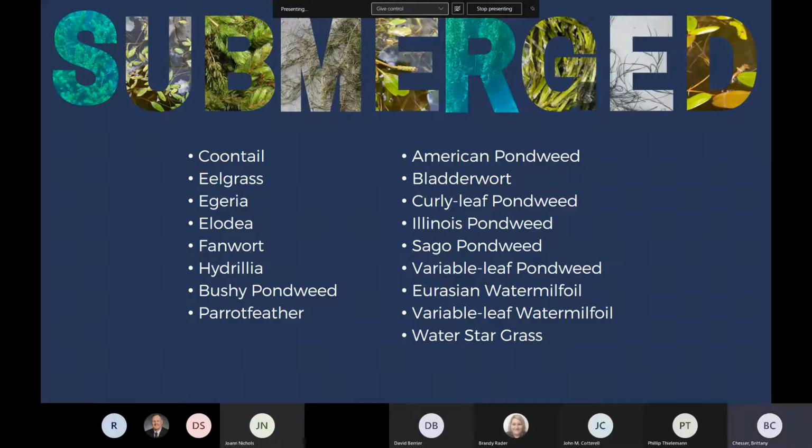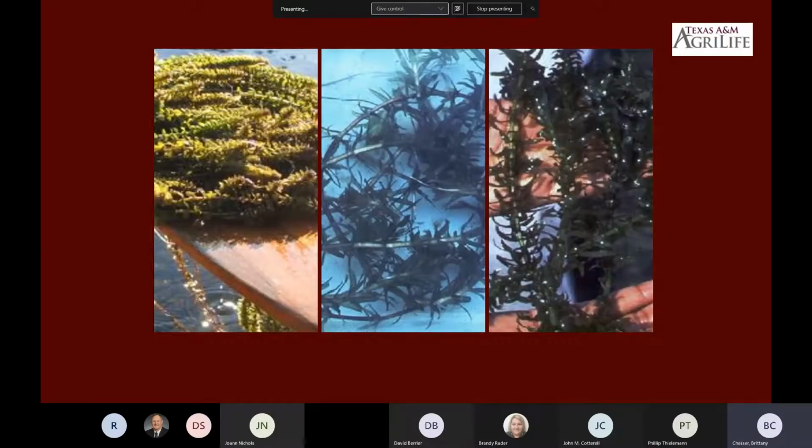Moving on to submerged plants, again, these are characterized by being mostly underwater and have a limp stem. Usually these are pretty confusing, and so if you look at all of these, you might think that they're the same plant. And a lot of these pictures are very similar to pictures I get if I'm lucky, even though they're a little grainy.